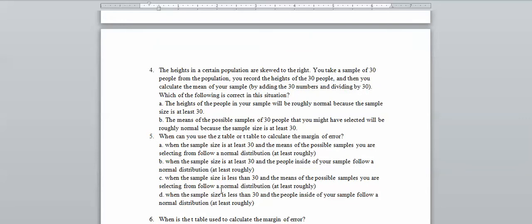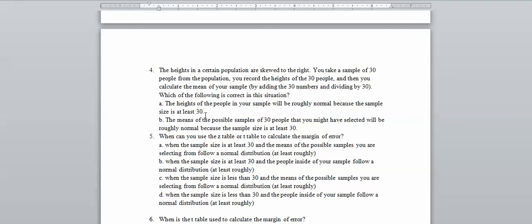This says that the heights in a certain population are skewed to the right. Just like in the picture I just drew out. We take a sample of 30 people, we record the heights of those 30 people, we calculate the mean of the sample by adding and dividing by 30. I told you that if the population is skewed to the right, and you take 30 people and record their heights, those 30 recorded heights aren't going to be normal.